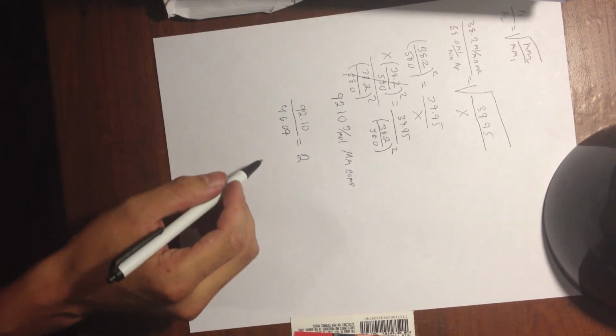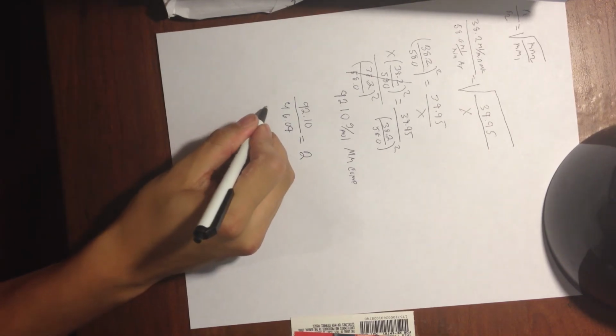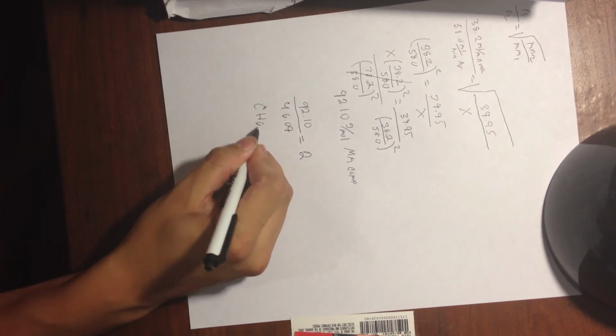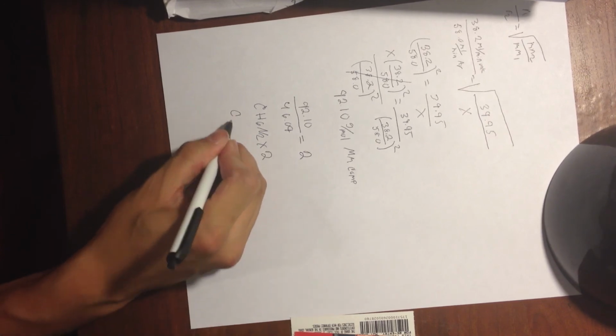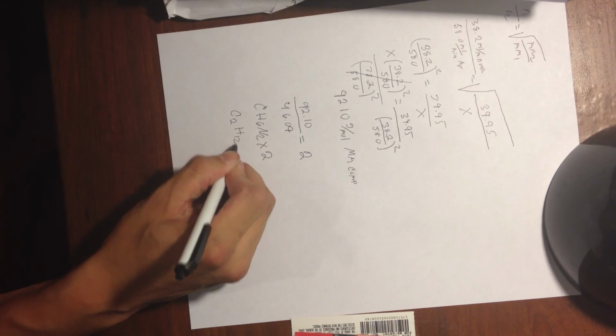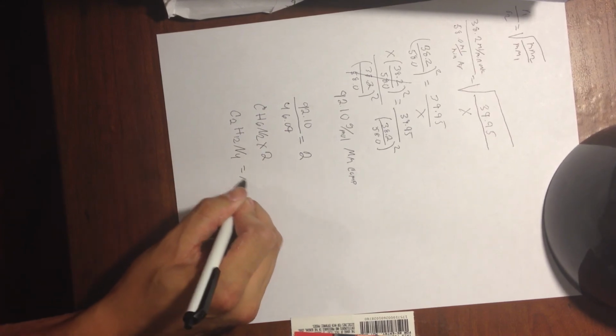And now we're going to multiply 2 by the empirical formula, which was CH6N2. Multiply that by 2, which will give us C2H12N4. And this is our molecular formula.